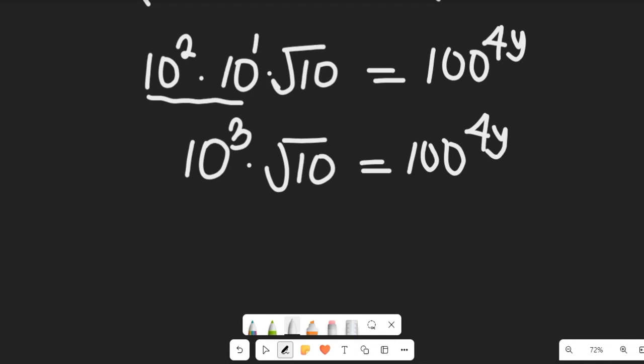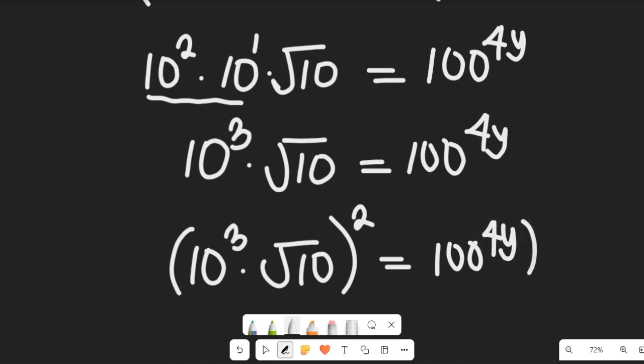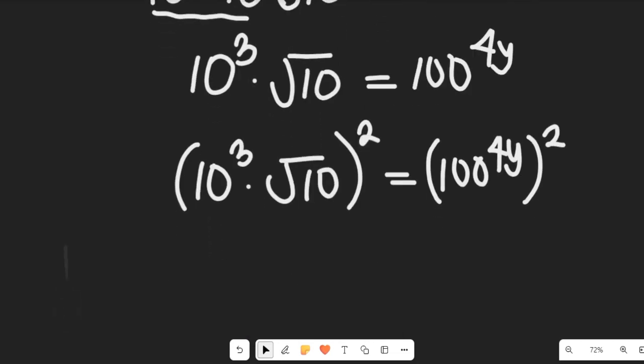To clear the last square root, we are going to square both sides again. This will give us 10 to the power of 3 multiplied by the square root of 10, squared, equal to 100 to the power of 4y, also squared. So what do we do from here?